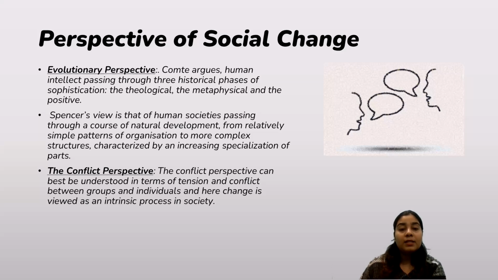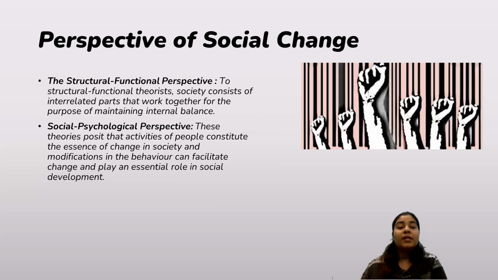Now let's discuss a few other perspectives, that is the structural functional perspective and the social psychological perspective. Now the structural functional perspective, these are the theorists who believe that society comprises a number of units, a number of parts, and each unit has something very unique and specialized to contribute.